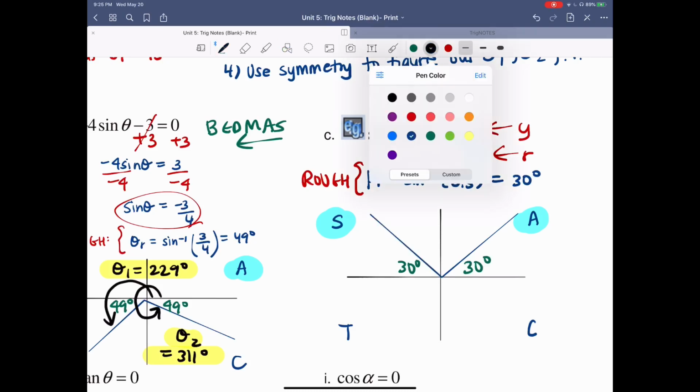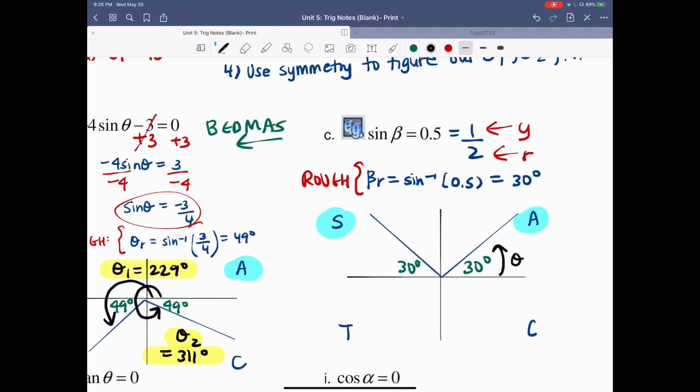And so my first angle is going to be beta 1 is equal to 30 degrees. And my beta 2, which is from the initial arm to the terminal arm, it's not quite at 180, but it's past 90, which means I'm going to do 180 minus 30. And so my beta 2 is equal to 150 degrees.